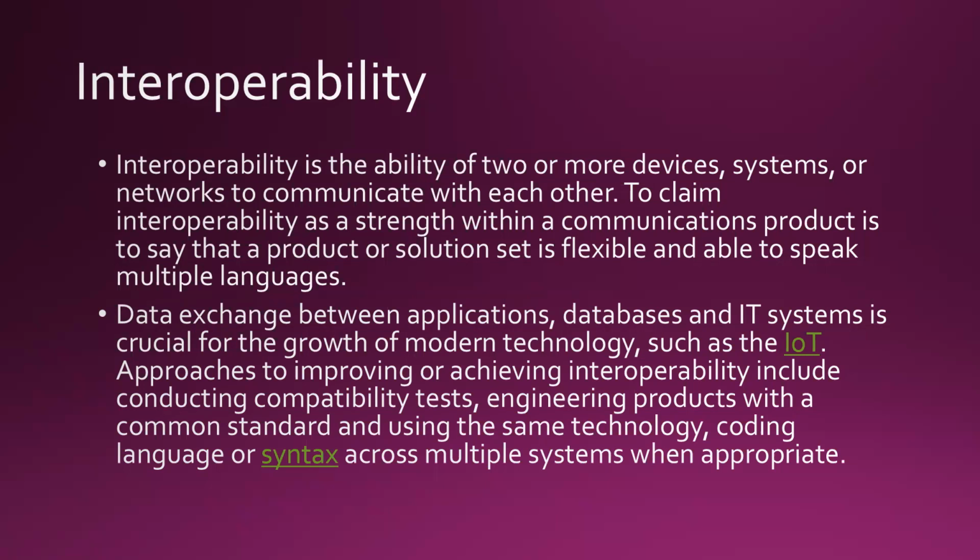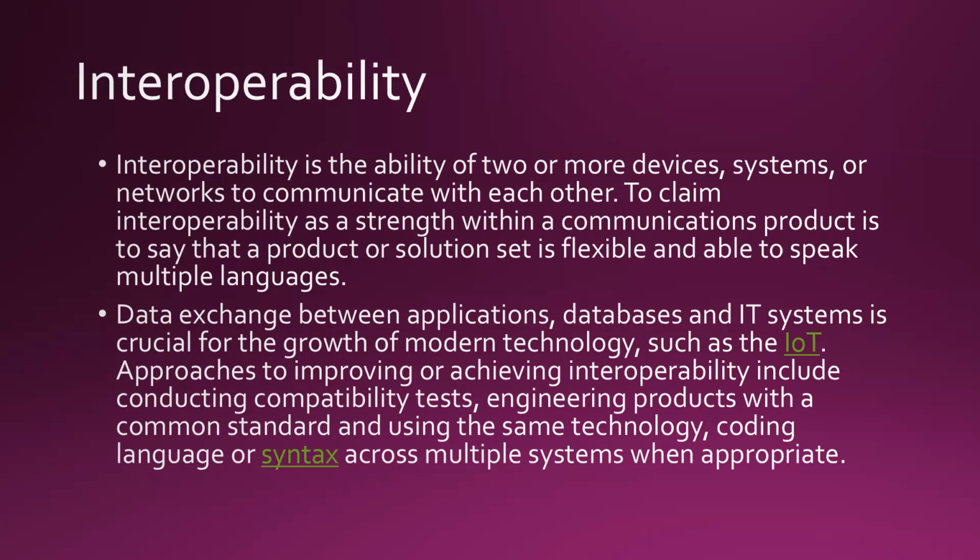Data exchange between applications, databases, and IT systems is crucial for the growth of modern technology. The interoperability diagram helps us understand modern technology. Nowadays we have blooming technologies such as deep learning, machine learning, artificial intelligence, and IoT, which is the Internet of Things.